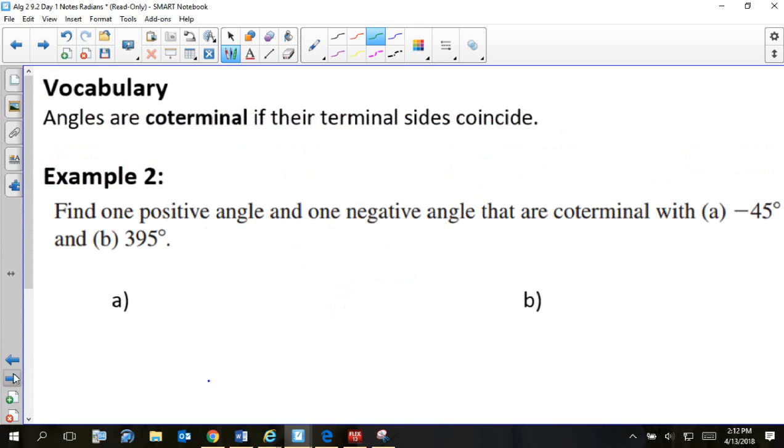Next is vocabulary of coterminal. Coterminal. You know what co means in English? Co, with, like together. When we talk about collinear, we're talking about points that are on the same line. Coterminal would be the same terminal side.